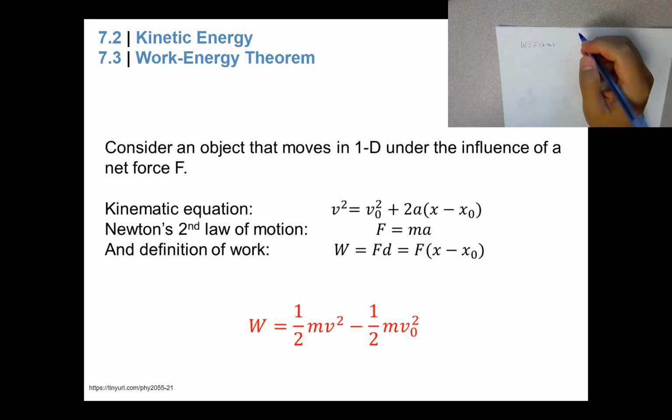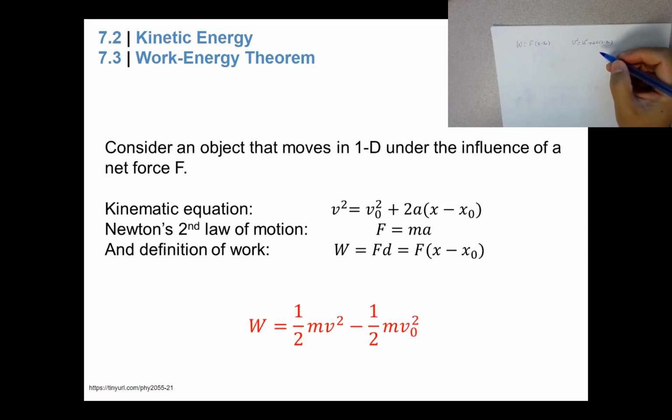And then x minus x naught comes from the first equation listed on the slides, v squared equals v0 squared plus 2a times x minus x naught. So you can express x minus x naught in terms of the other variables. That will be v squared minus v naught squared equals 2a times x minus x naught. You move this to the other side of the equation, and now you divide both sides by 2a, to get rid of 2a.